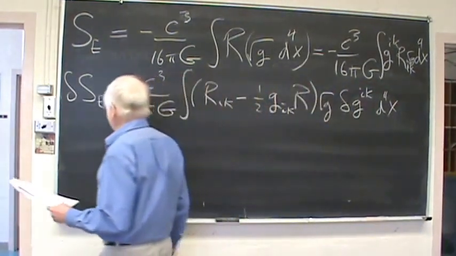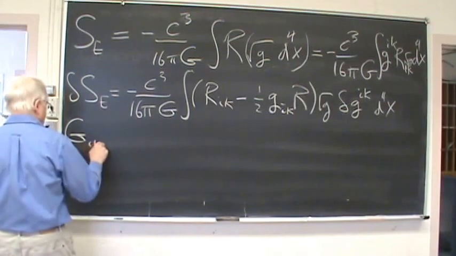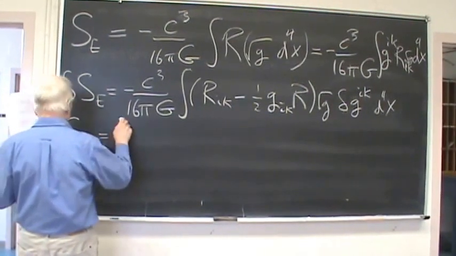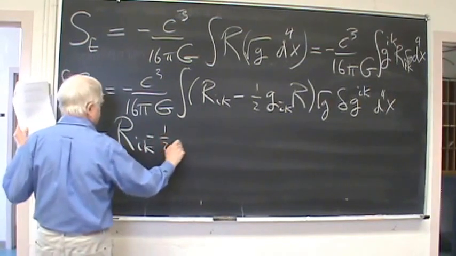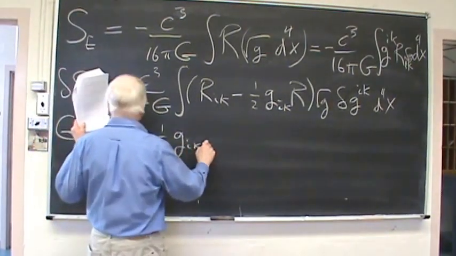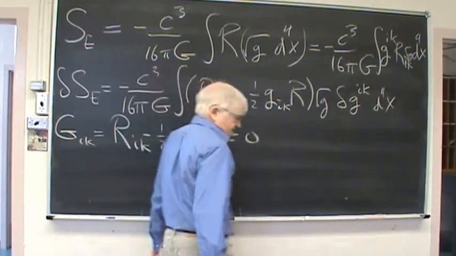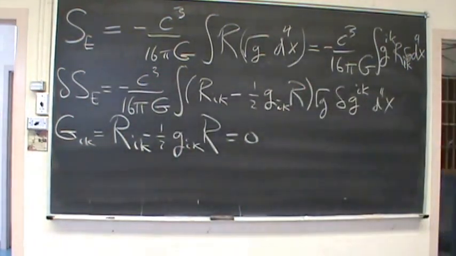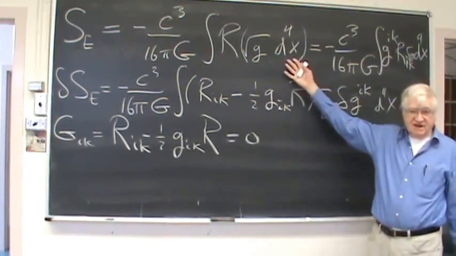And for some reason, that tensor has been conventionally written as Rik minus a half Gik R equals 0. So this is the field equation that you get if you just use the Einstein action.